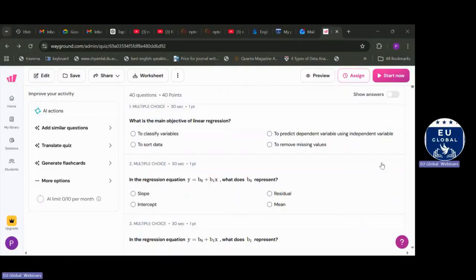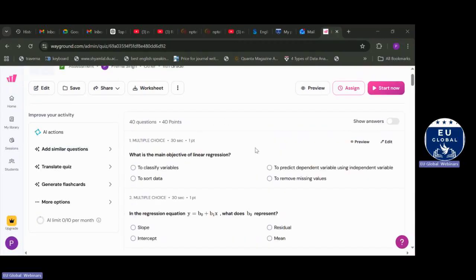So these are the MCQs which I've shared with you. These MCQs are very important because they will help you identify that you have understood everything that has been taught to you.